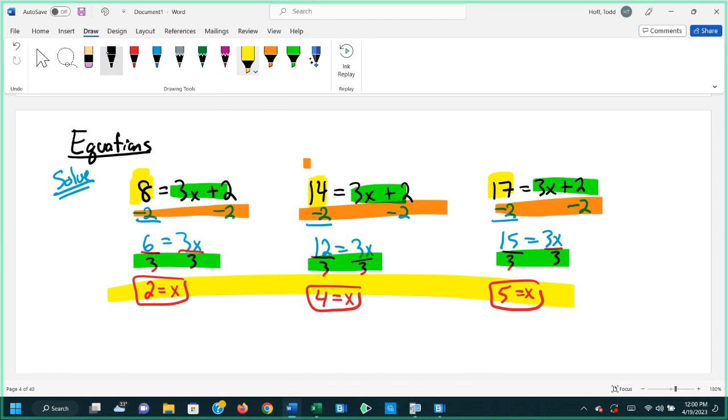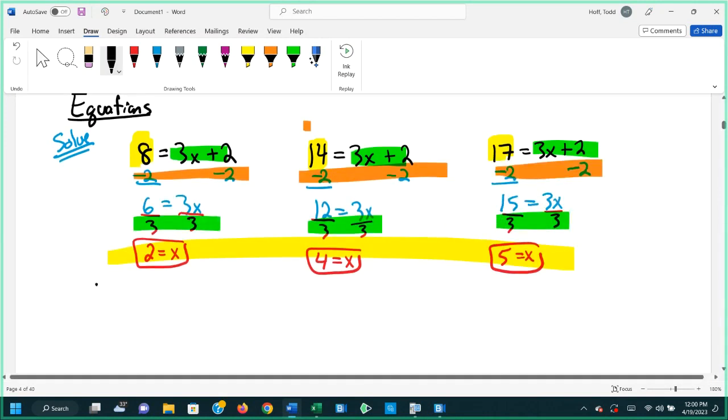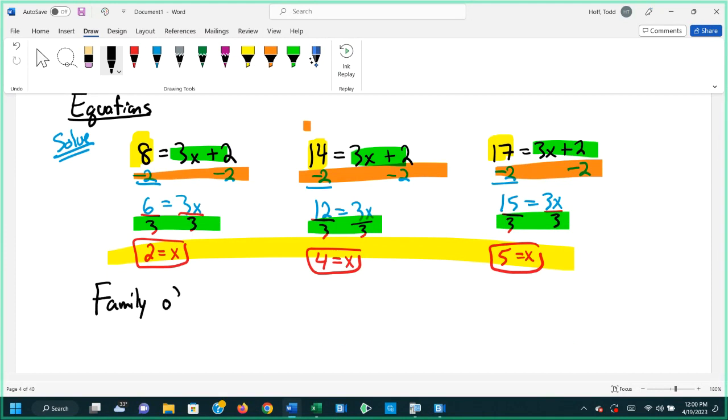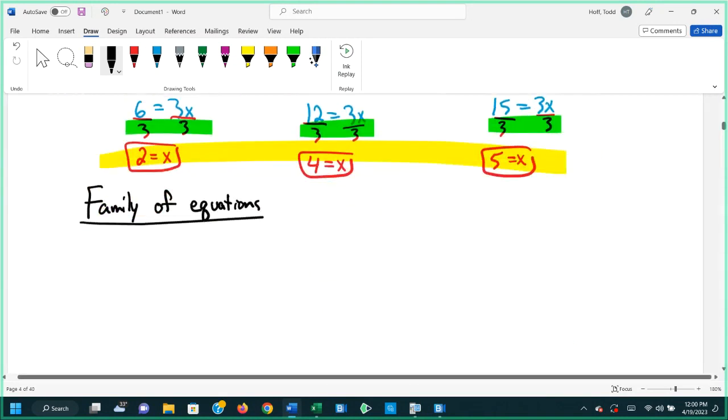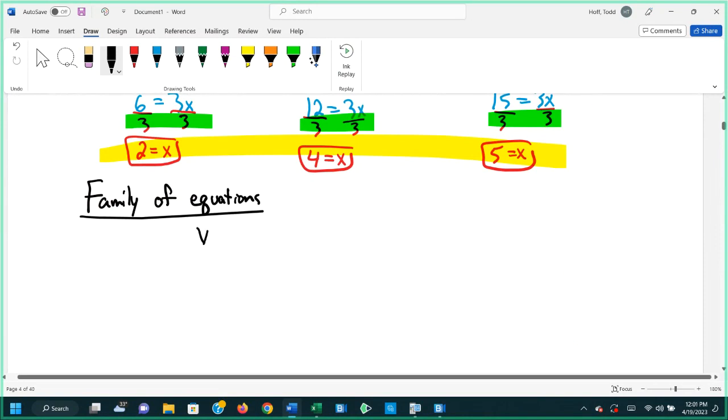These are what we refer to as a family of equations. And this family of equations can have a number of different variations where that right side stays the same and the left side is just different. And so we can express that family with the equation y equals 3x plus 2.